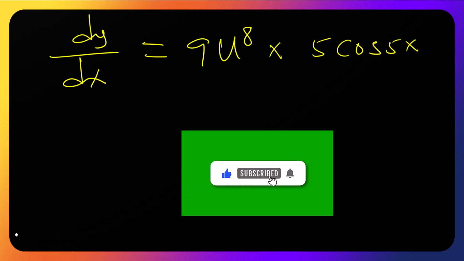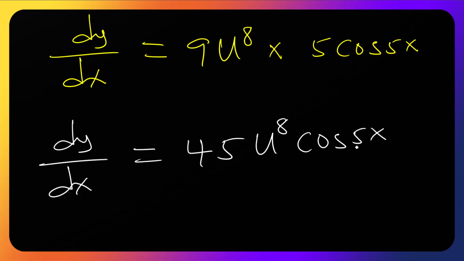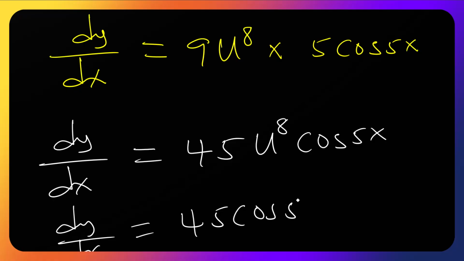So from here, dy/dx is 9 times 5, which is 45, u to the power 8 cos 5x. So it's the same as dy/dx equals 45 cos 5x times u to the power 8.